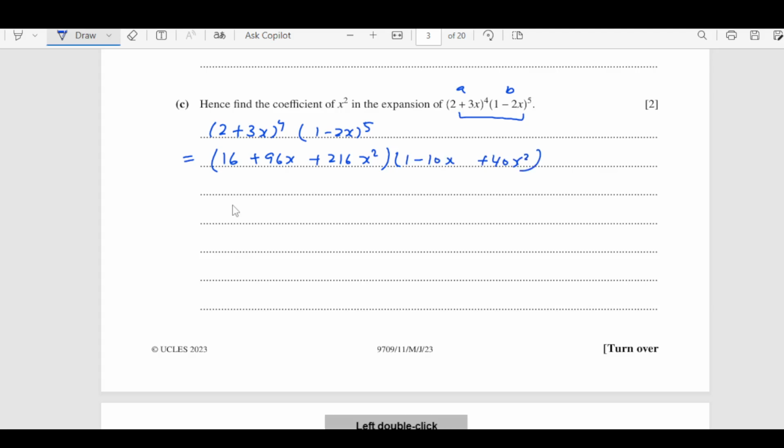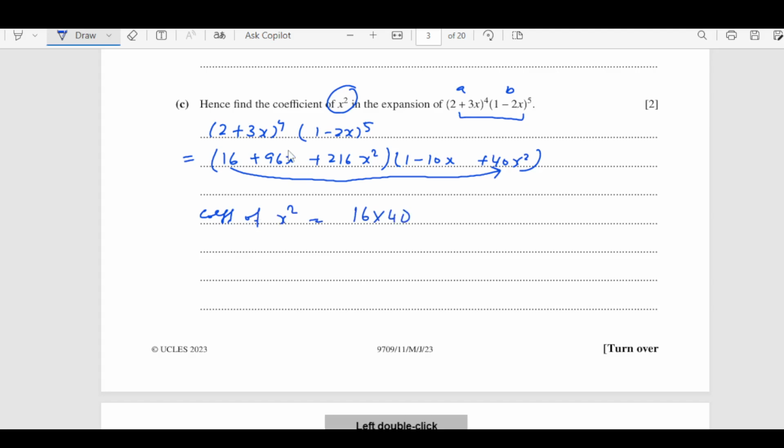Now there is no need to expand all of them, because we only need the coefficient of x squared. When we take the first term, 16, and multiply it by 40, we are going to get x squared. So I'm writing the coefficients only. Coefficient of x squared will be equal to 16 times 40, right?